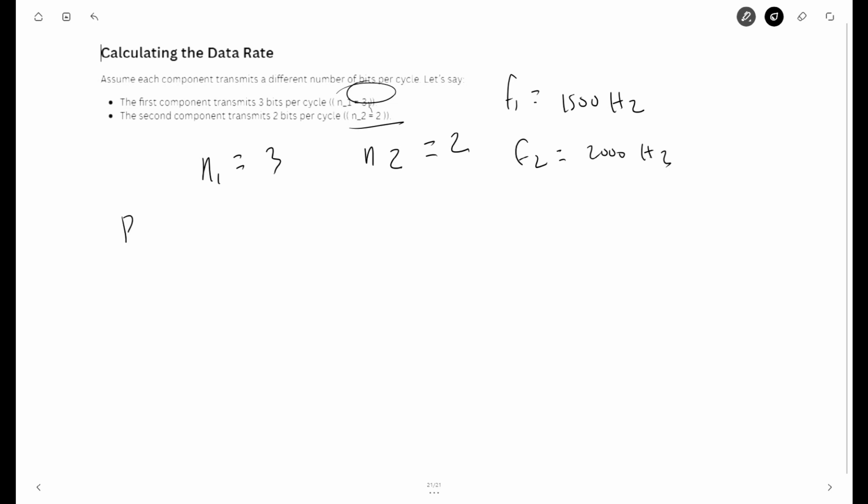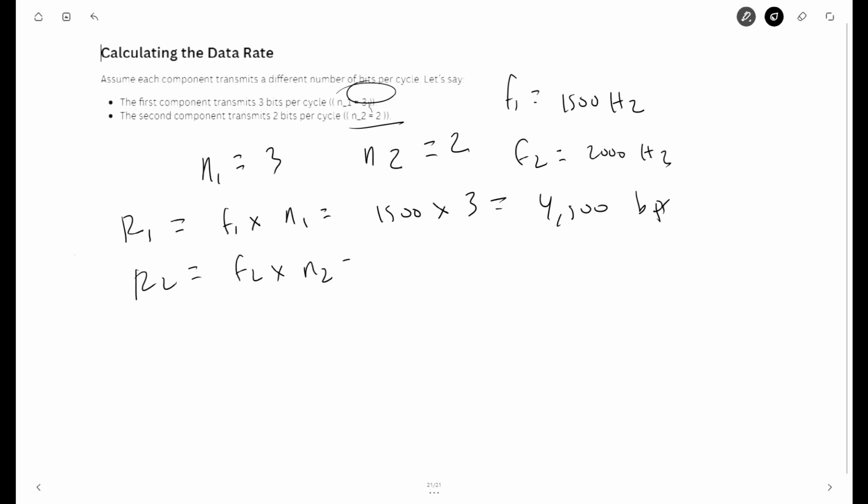So let's compute the first data rate. R1 will be equal to F1 times N1, which is 1500 times 3, which is equal to 4500 bits per second. And R2 will be equal to F2 times N2, which is 2000 times 2, which is equal to 4000 bits per second.